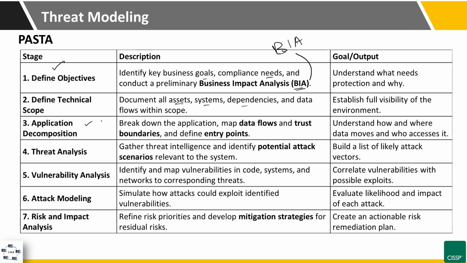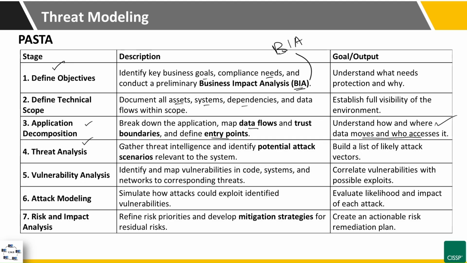Number 3 is application decomposition, which is breaking down the application, mapping the data flow and trust boundaries, and defining the entry points. The goal or output of this stage is to understand how and where data moves and who accesses it.